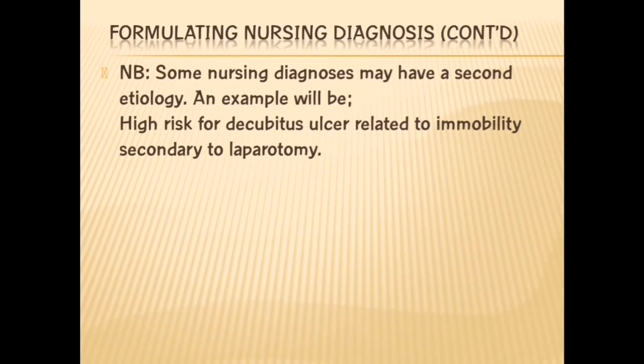Some nursing diagnoses may have a second etiology. For example, high risk for decubitus ulcers related to immobility, secondary to laparotomy. Here, the laparotomy has been added as a secondary cause of the immobility. So the decubitus ulcer is related to immobility, but the immobility is also related to the laparotomy.